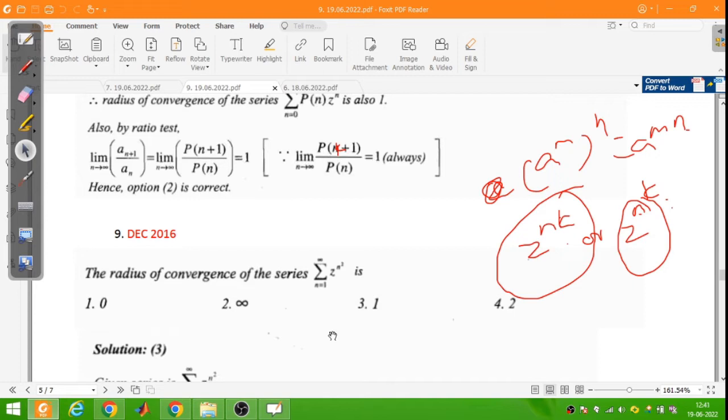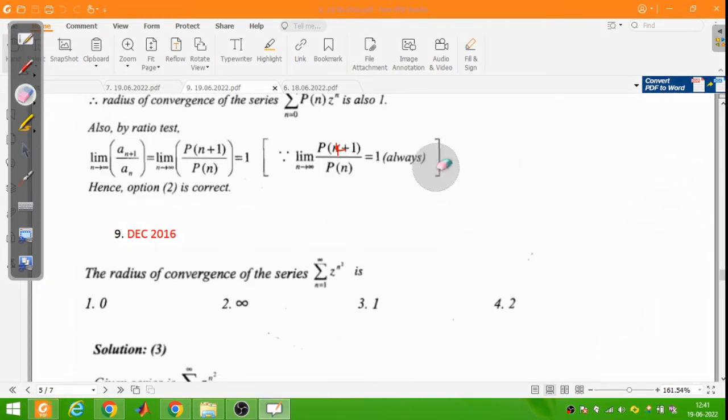Are you clear? Yes, sir. So here a n is 1, that is no problem. So always the radius of convergence is 1, directly you put it equal to 1.